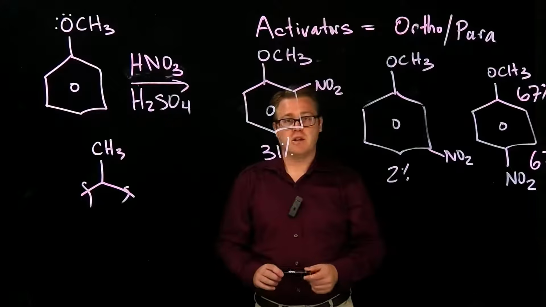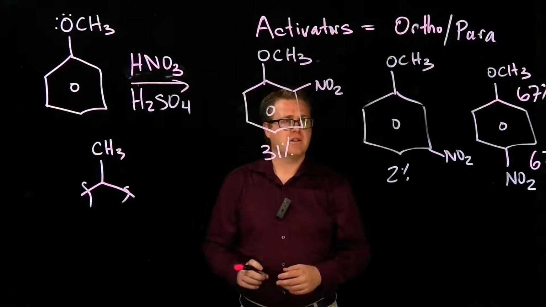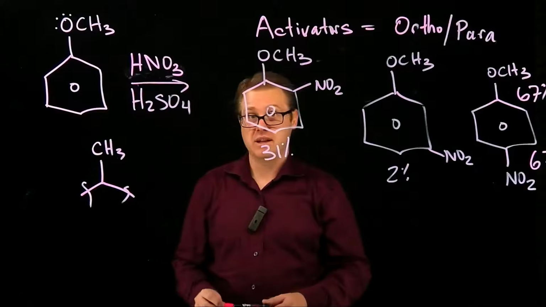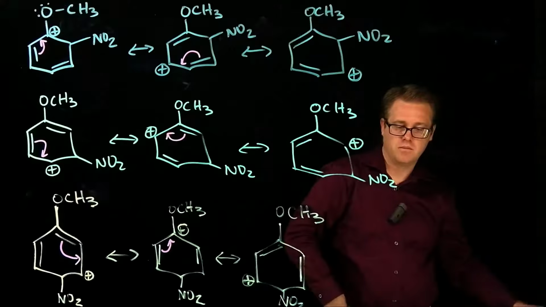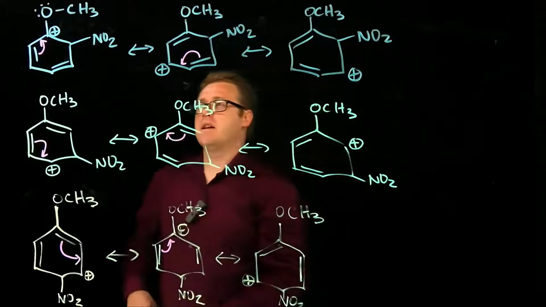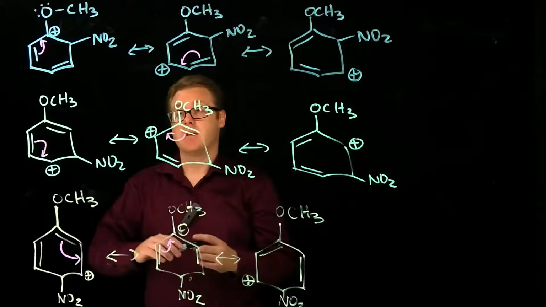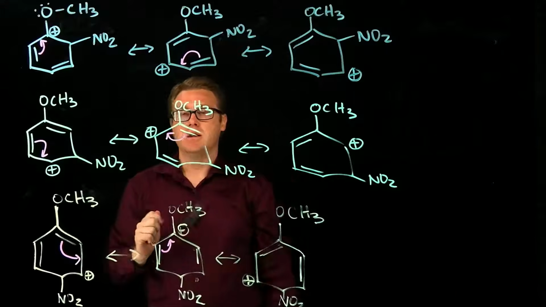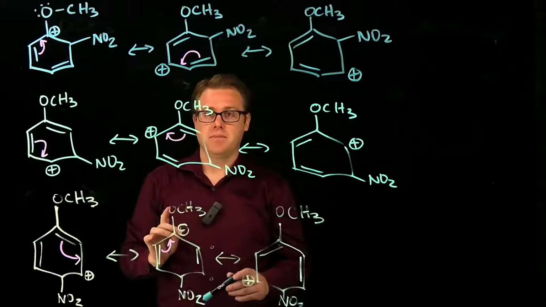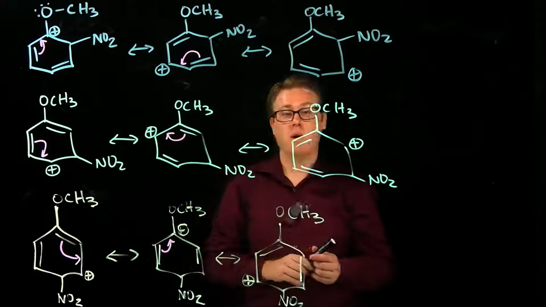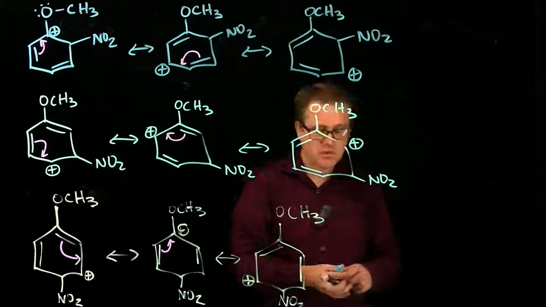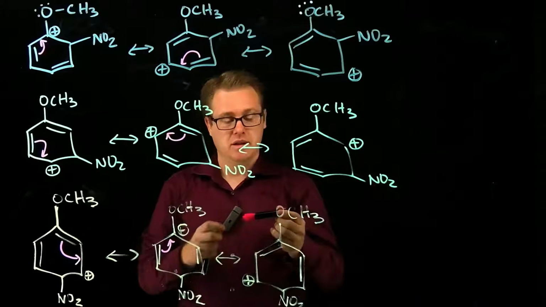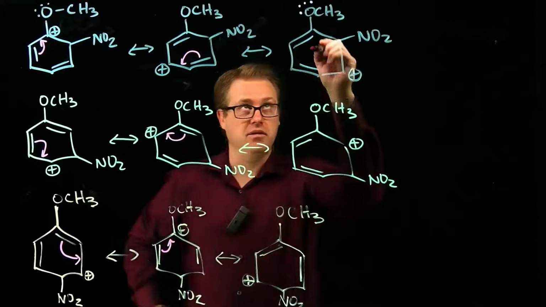So what we want to take a look at is understanding this reaction a little bit more by looking at the sigma complexes. When we take a look at the sigma complex, it's very similar to when we had a methyl group here instead of the methoxy. But with respect to the methoxy, what we have going on here is an additional resonance structure that we didn't have before with the methyl.